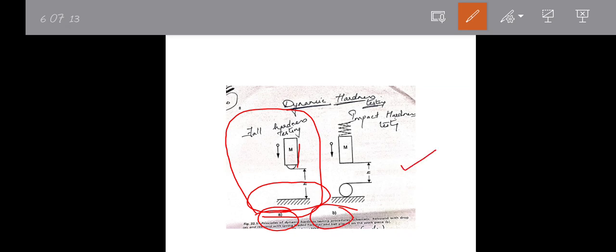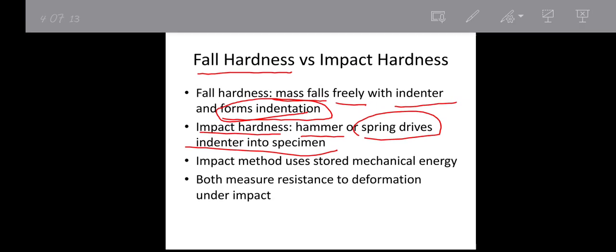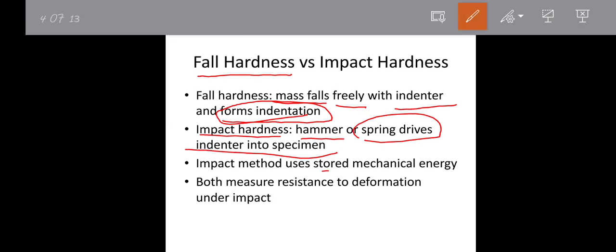In this method, the ball rests on the specimen surface and is triggered by a hammer blow or a spring force. The impact hardness test can be used to store mechanical energy. Both measure the resistance to deformation under an impact, and this is known as the dynamic hardness test.